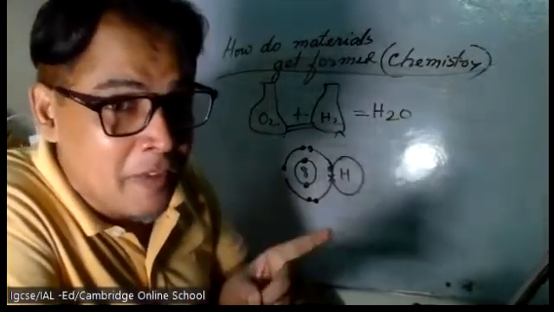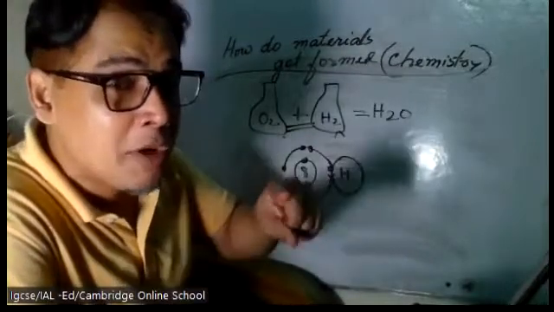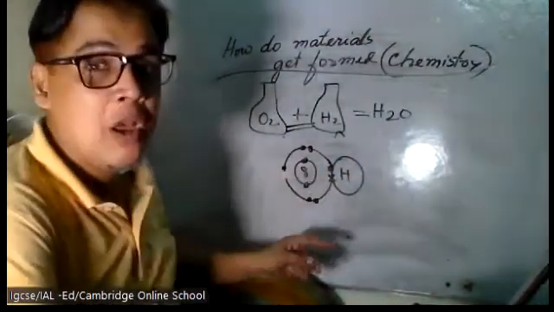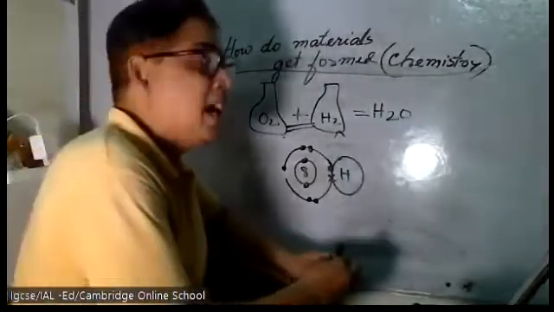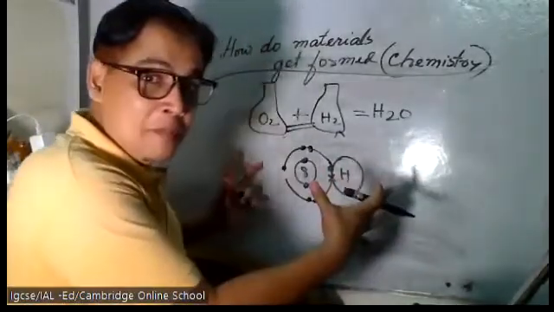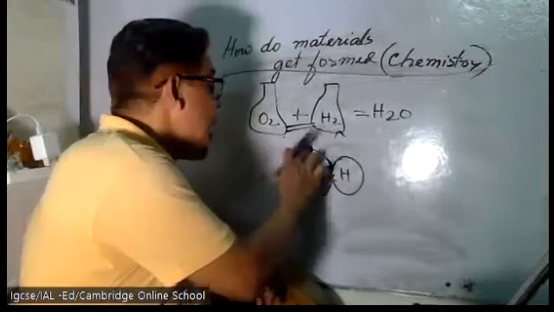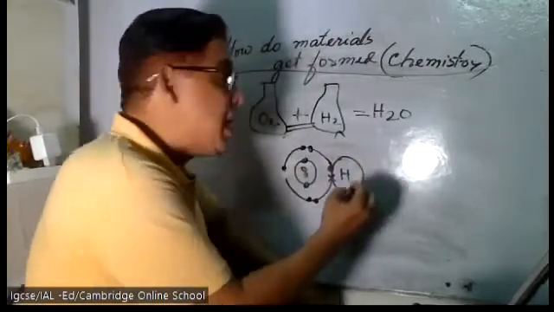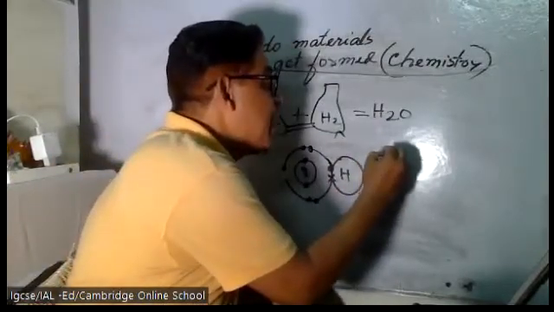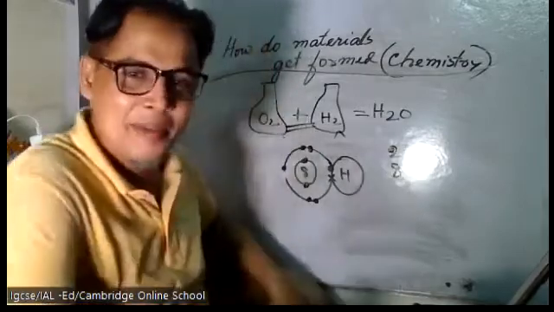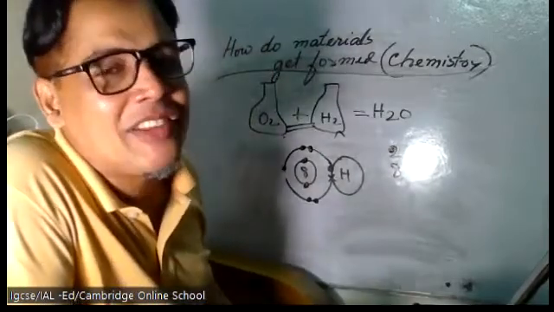At the time of getting formed, every outer shell wants to be 8 or 2. Please write down: at the time of materials getting formed, the outer shell wants to be fulfilled, 2 or 8. Am I clear, Baba? This is the natural mentality.